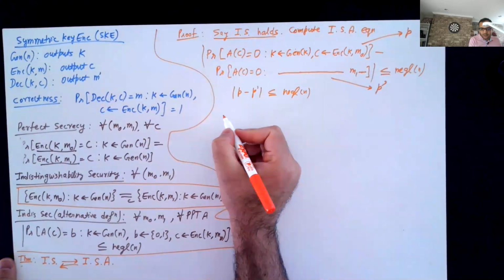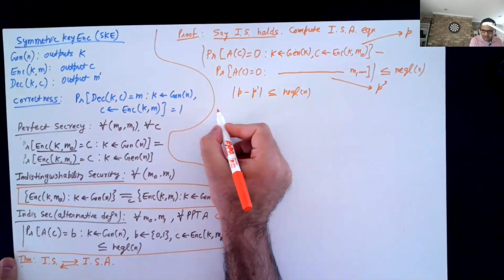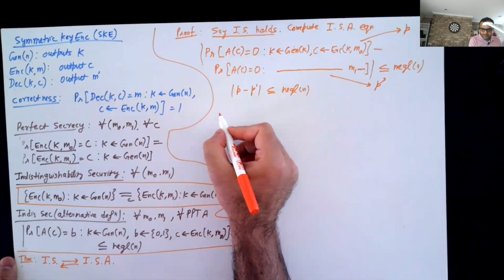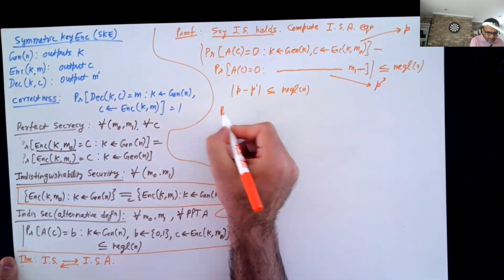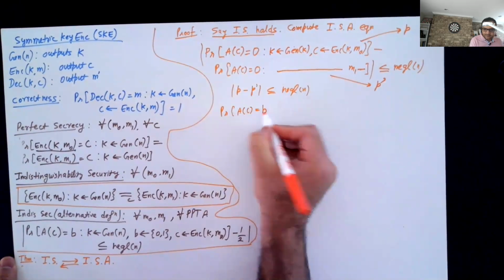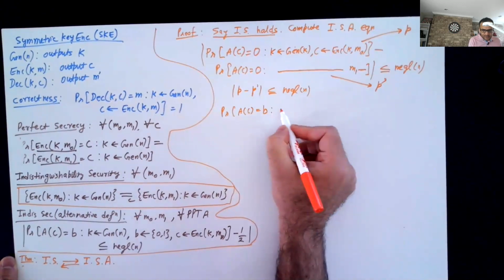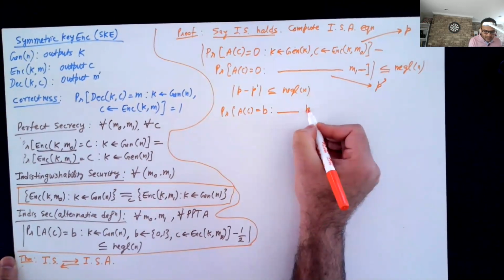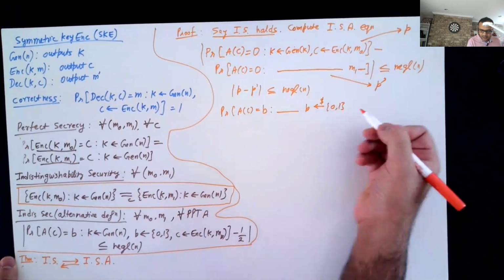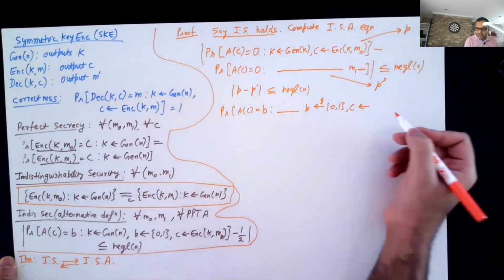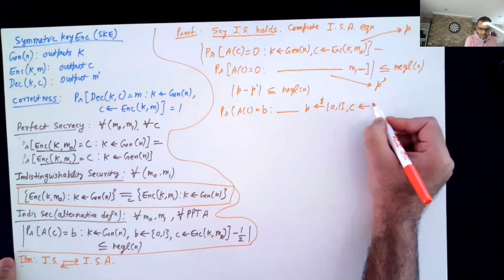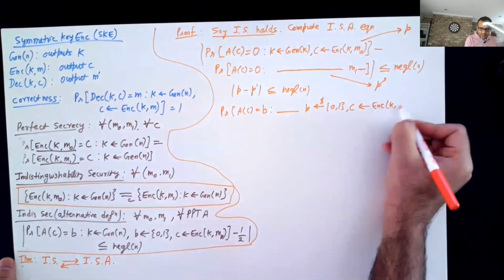Okay, so now maybe I don't even need to do it in a lot of detail. We are looking at the probability of A of C equals B, such that K is generated properly and B is generated at random, and C is generated by encrypting K and MB.